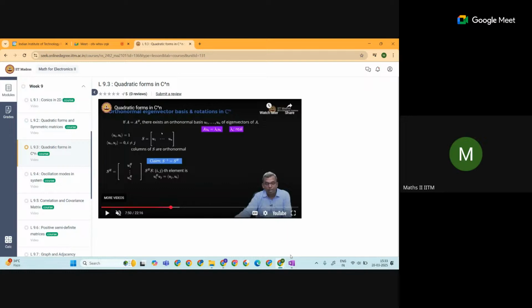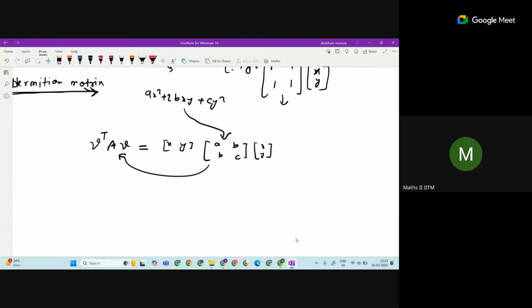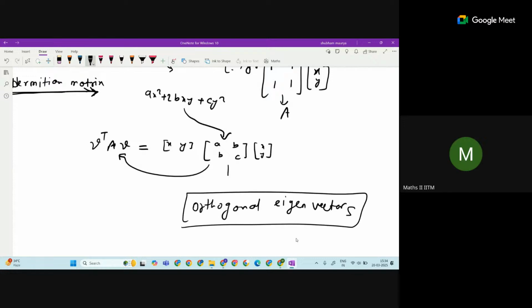If we have this A, the main thing we are studying is the Hermitian matrix A. This matrix has orthogonal eigenvectors. We have this Hermitian matrix, so it has orthogonal eigenvectors. This is the main property here.